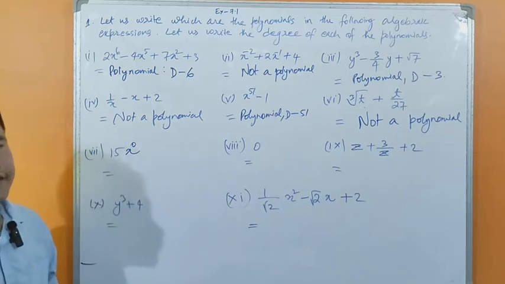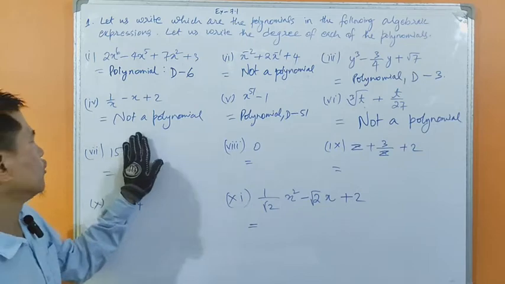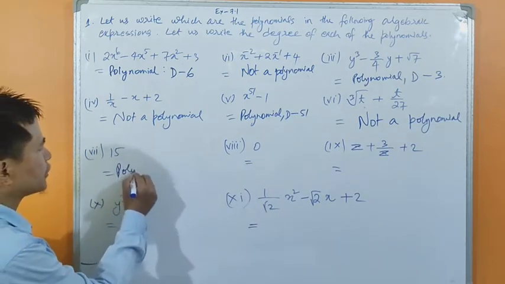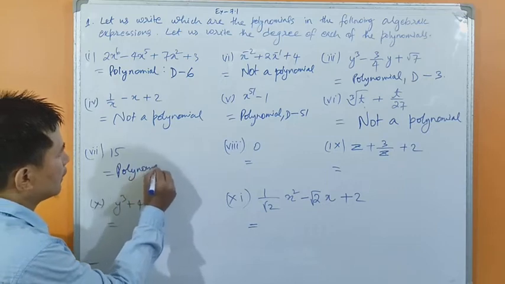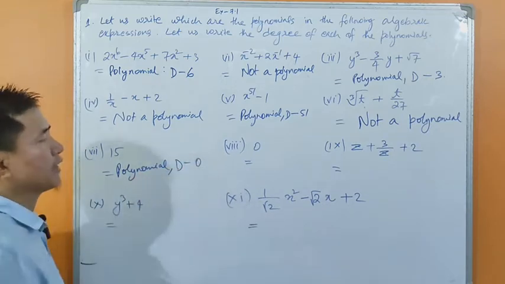1 into 15 is 15. 15 is a constant polynomial whose degree is 0. 15 is a polynomial and the degree of this polynomial is 0. Okay.